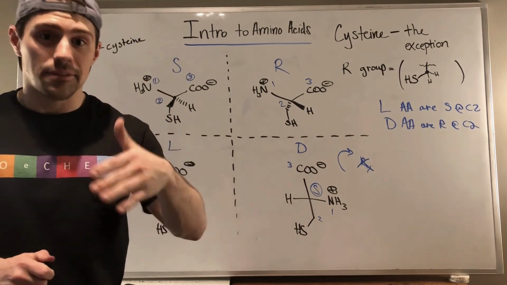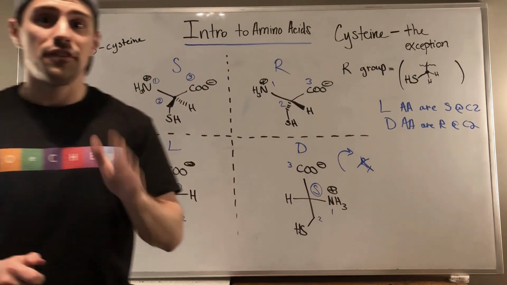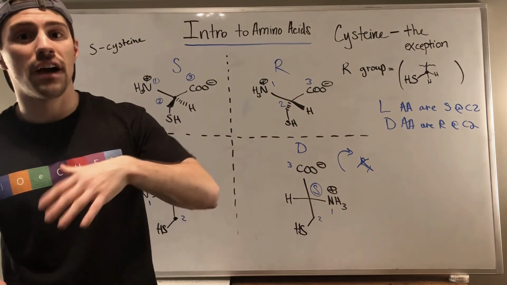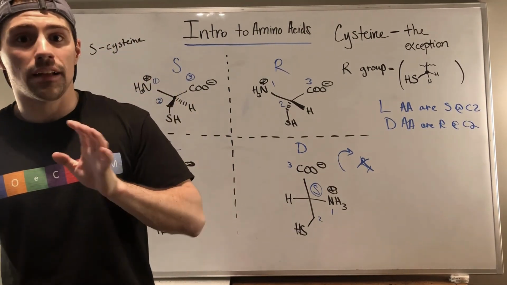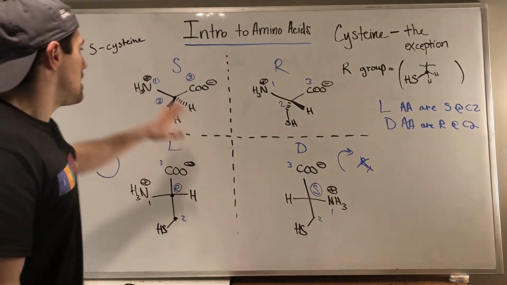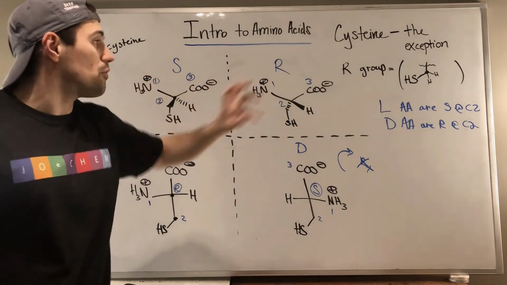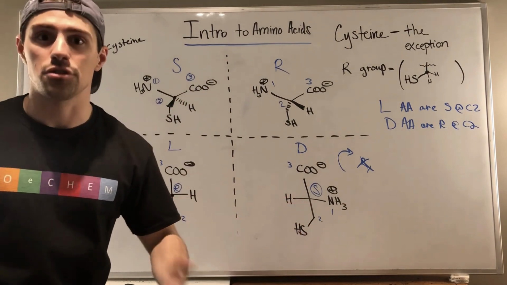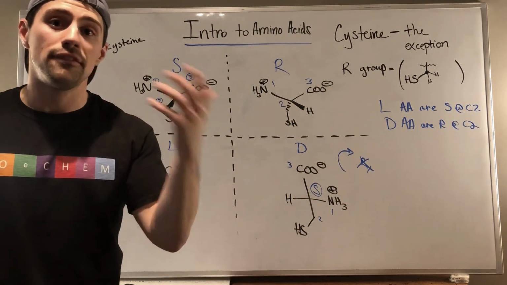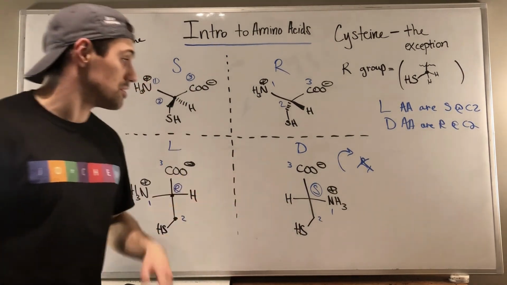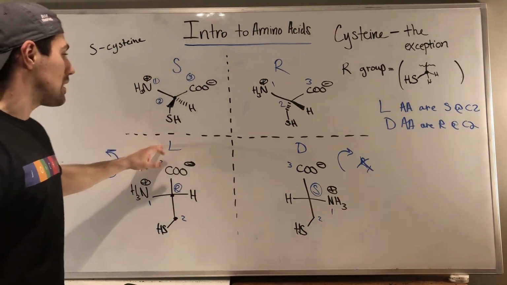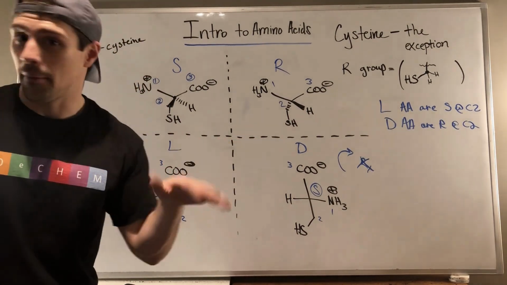And we said S configuration at C2 is what's commonly found in nature, and we can represent amino acids in this flat fashion that we usually draw our structures in organic chemistry, but there's also a convention to represent them in Fischer projections. And that convention, we label them with L and D, but that tells us nothing about their stereochemistry.